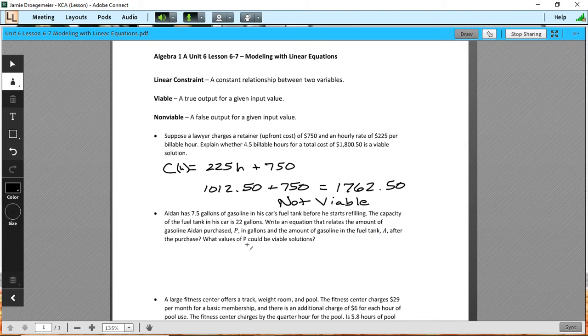They want to know what values of P could be viable solutions here. So let's start by creating our equation. We know that he's starting with 7.5 gallons and the capacity is 22 gallons.